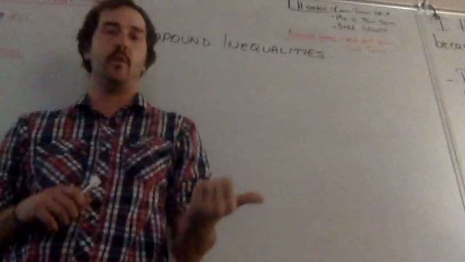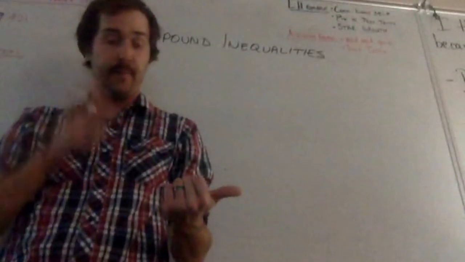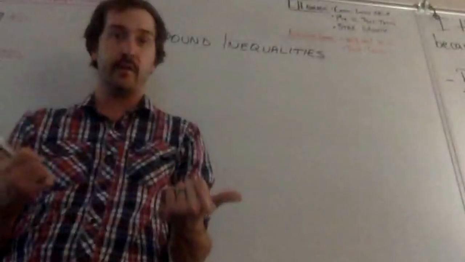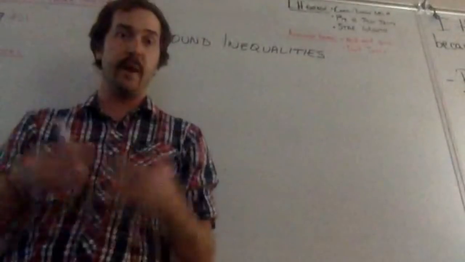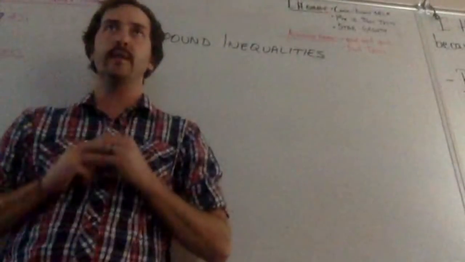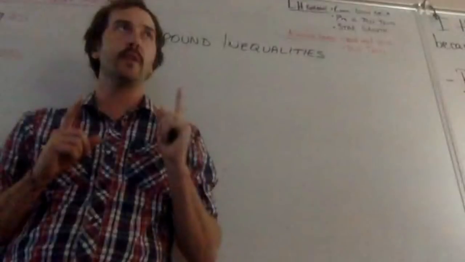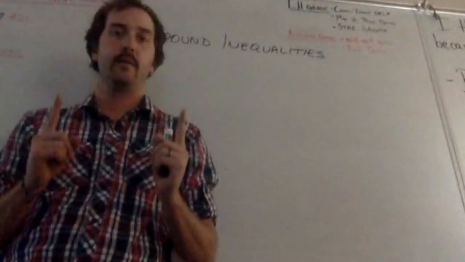Because when it's below 0 degrees, it's a solid, it's ice. If it's above 100 degrees Celsius, then it is a gas. It evaporates, it's steam. So the only time it's a liquid is in between the temperatures 0 and 100.